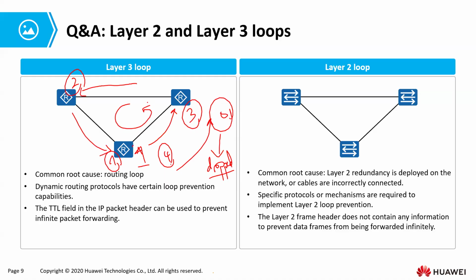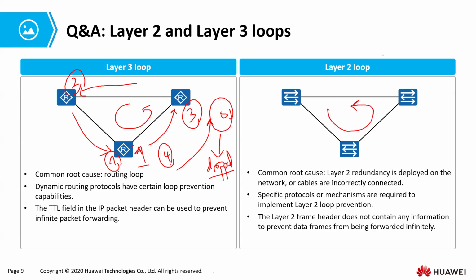So layer 3 looping can be prevented because we have TTL, which decrements at every hop until it reaches zero, and then the packet gets dropped. In layer 2, we don't have a mechanism like the TTL, time to live. So a frame can continuously stay in the loop.